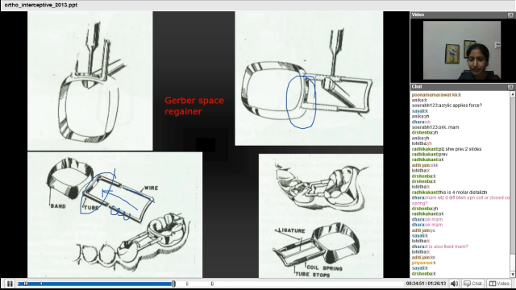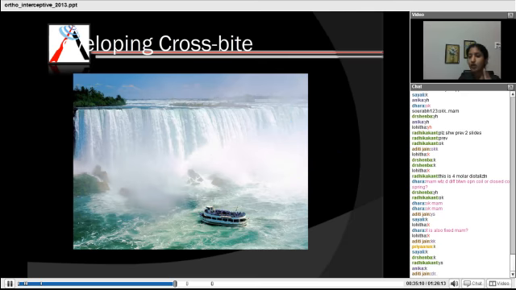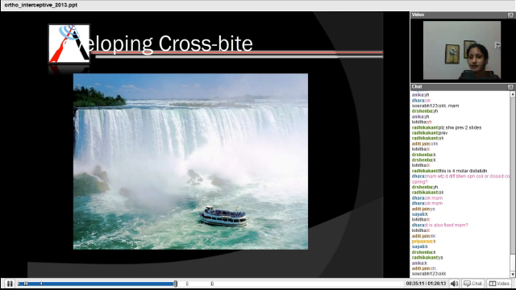Then you have the wire with this open coil spring. The wire goes into the tube and the tube is attached onto the band and then it is fixed onto the tooth. Clear? That is the Gerber space regainer. So these are all space regainers.